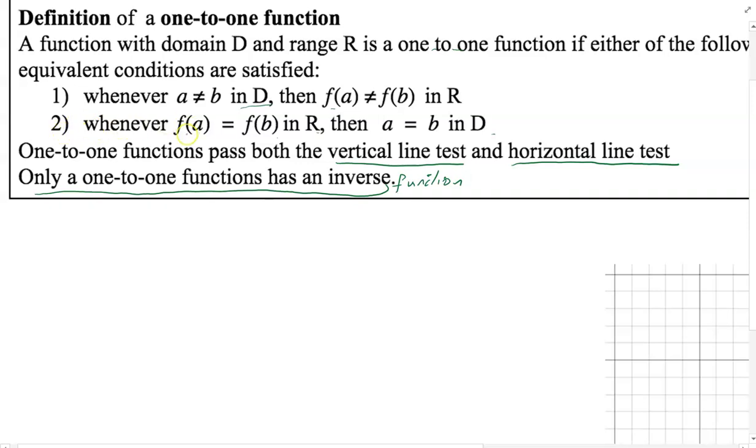And 2, whenever f of A equals f of B in the range, then A is equal to B in the domain. One-to-one functions pass both the horizontal line test and the vertical line test. A one-to-one function has an inverse function.